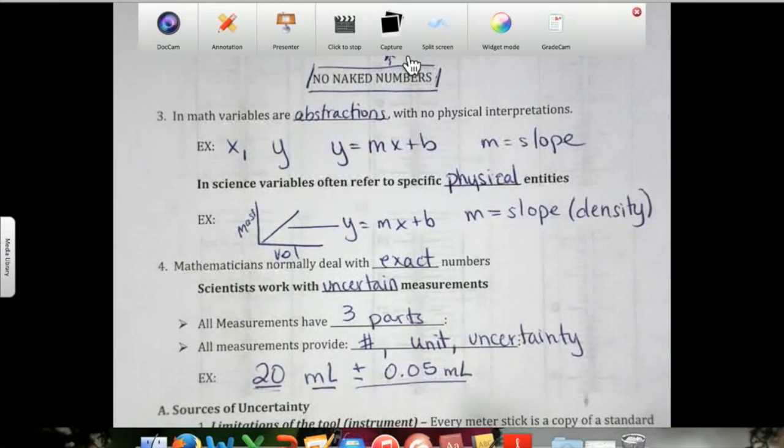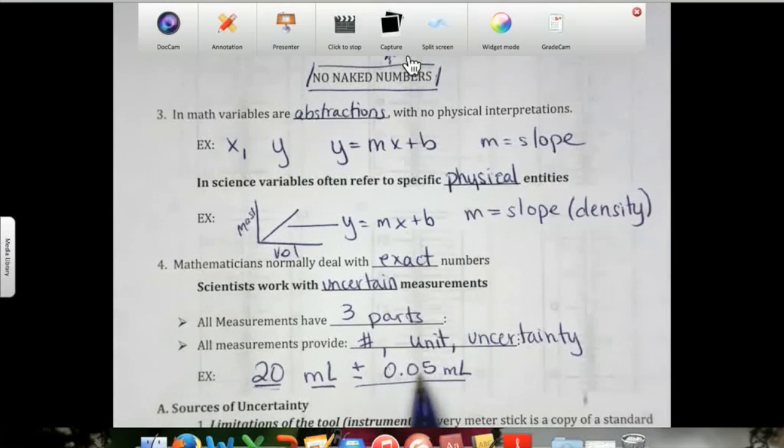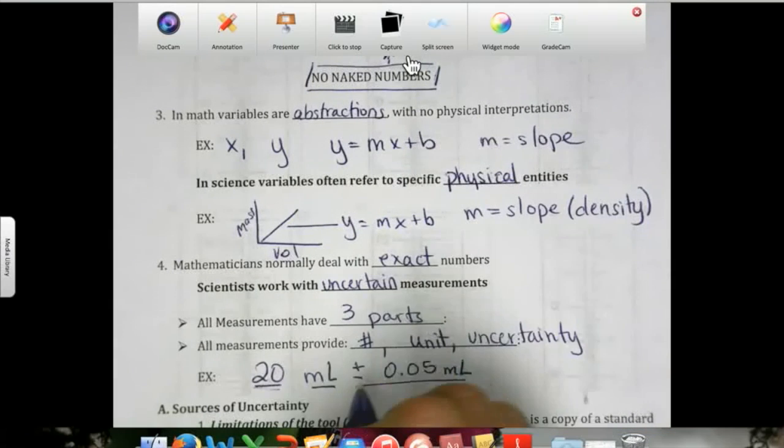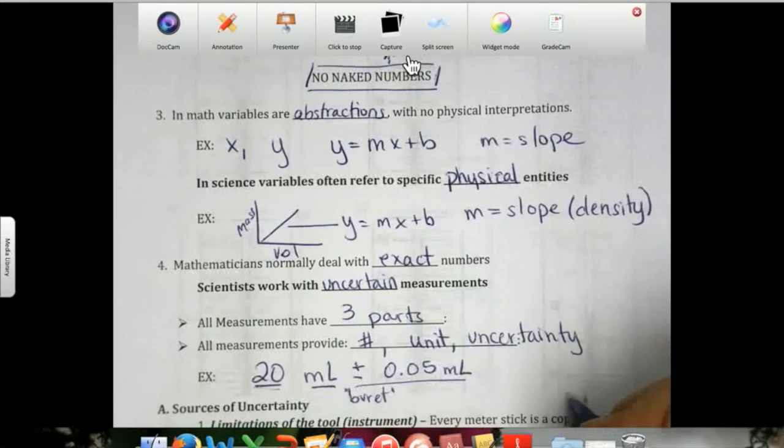Okay. Your uncertainty is also going to change. So this looks like a very precise instrument here. We know this to the hundredths. But if we use, say, a 100 milliliter graduated cylinder, say this is a burette, which we will talk about later. Say we're using a 100 milliliter cylinder.